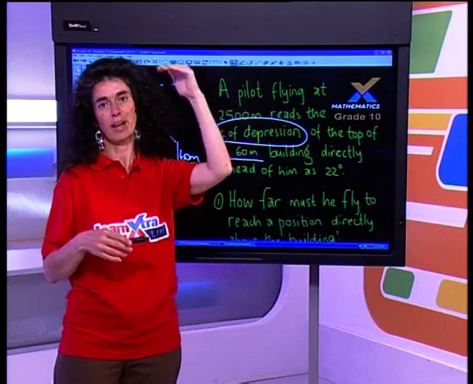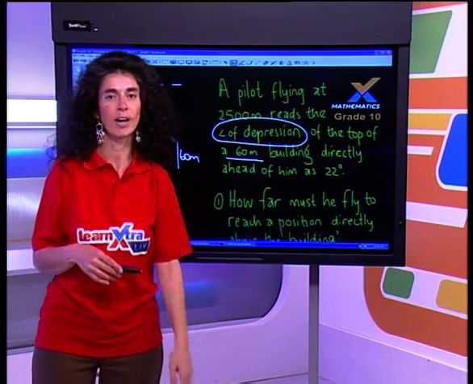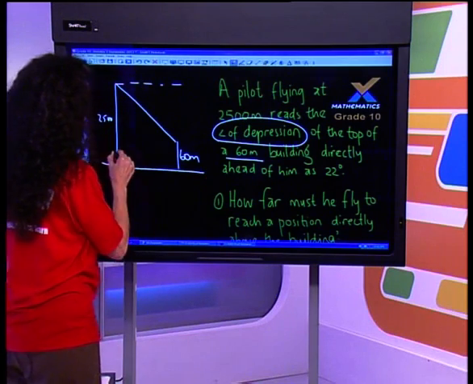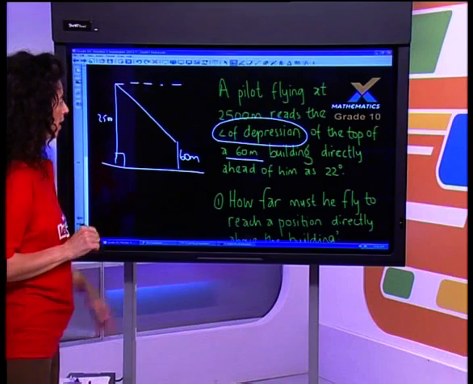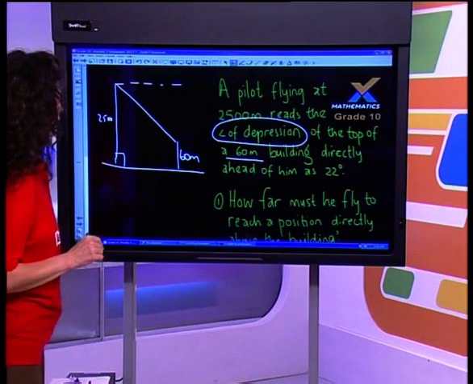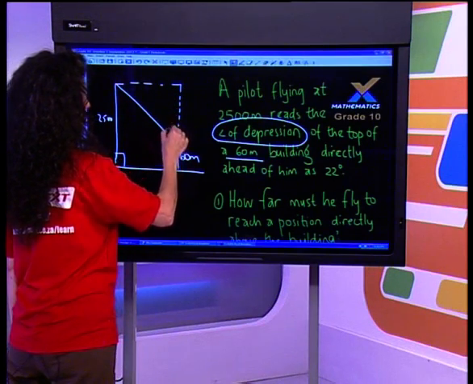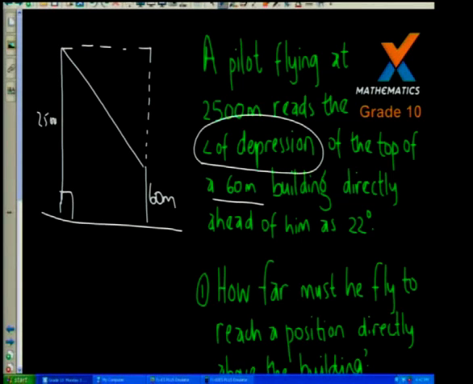We are assuming that that pilot is flying parallel to the ground. And so we're making some assumptions here that this is vertical. Okay? There's a 60-meter building. So your automatic thinking is, well, if this plane had to fly across, how much would that be? Okay, so you begin to ask questions that would also extract some kind of meaning.